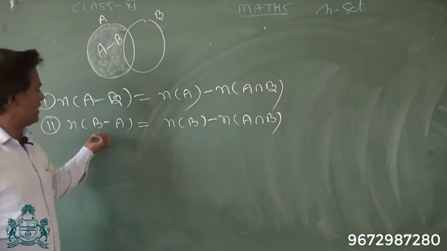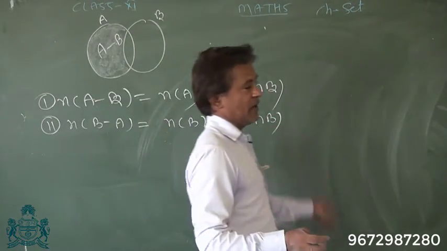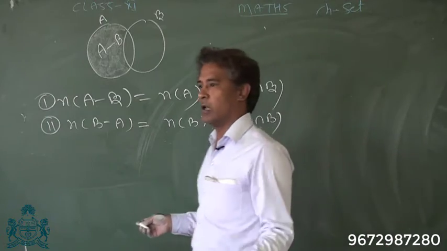Using these formulas, you can find the number of elements in either A minus B or B minus A.